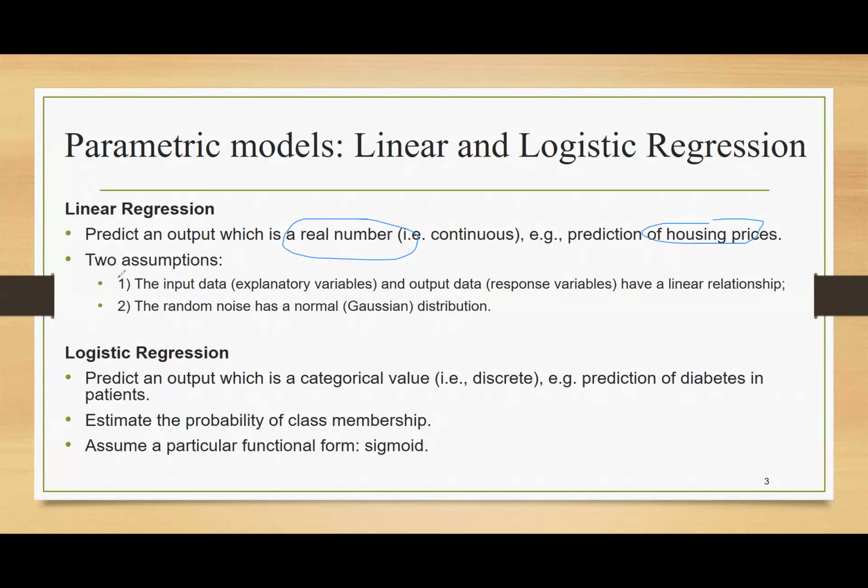And it also has 2 assumptions. First, the input data, or the features, and the output data, the target, have a linear relationship with each other. And also, the random noise has a normal distribution.